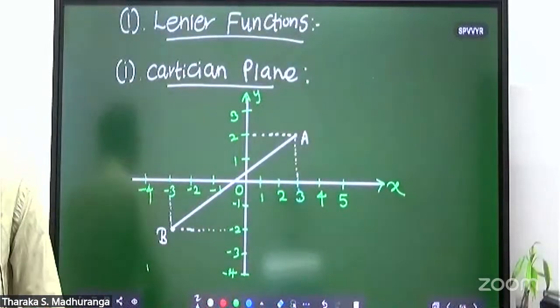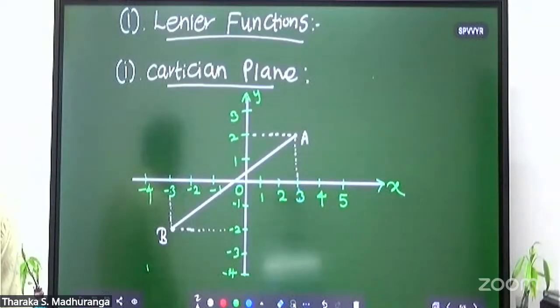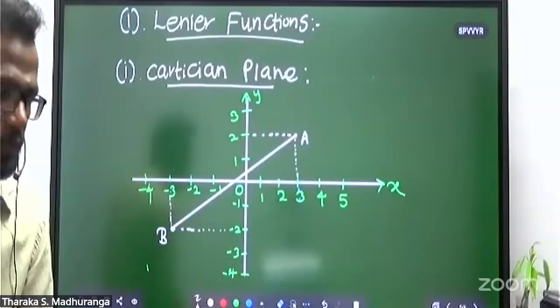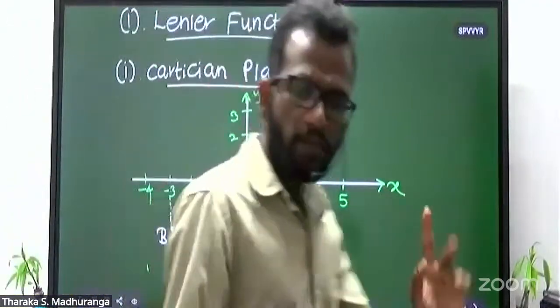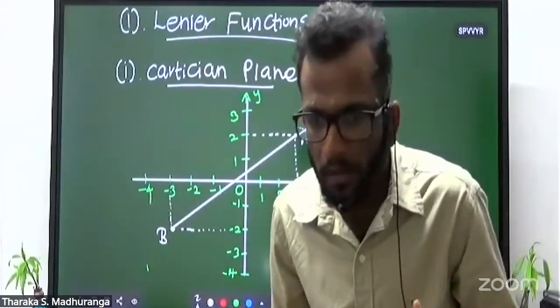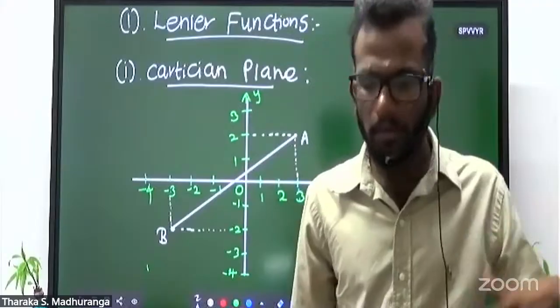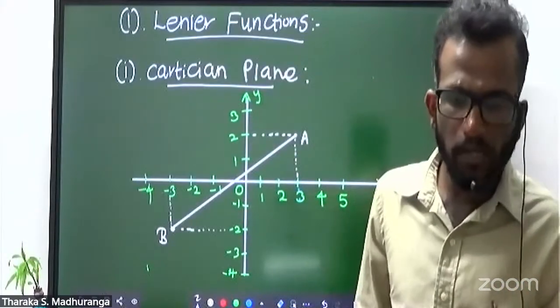Can you suggest any method? Think, AB is a straight line. First of all, you can find the A coordinates and B coordinates.